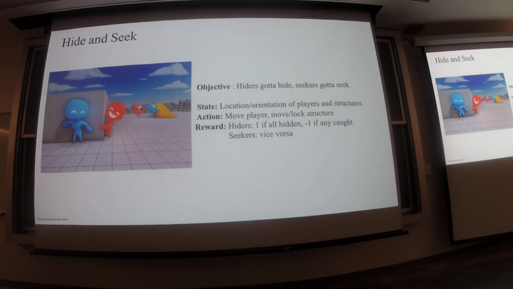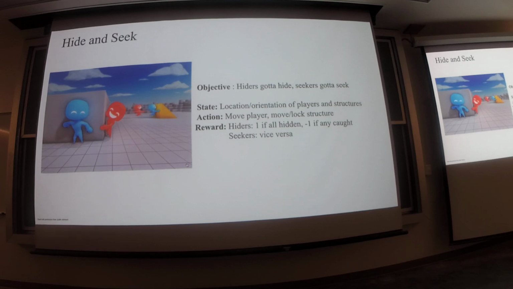Each agent can move itself, move structures, and lock them in place. At every step, hiders get a reward of 1 if everybody's hidden, but they get a -1 if anybody is currently being seen.